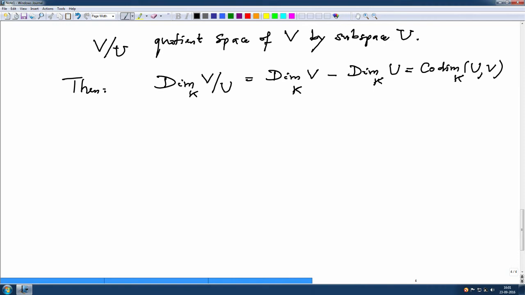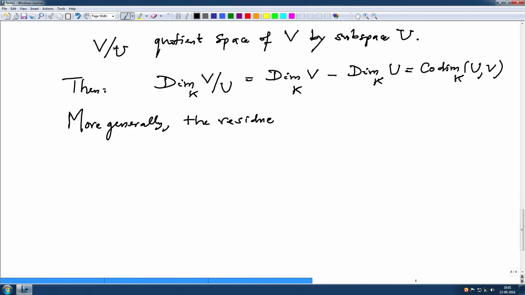Actually, we can also say something about a basis. So, more generally, the residue classes, remember, the images of the classes here, we are referring to as residue classes.